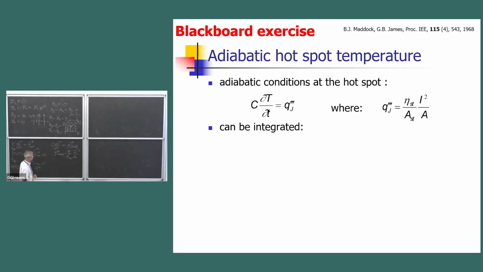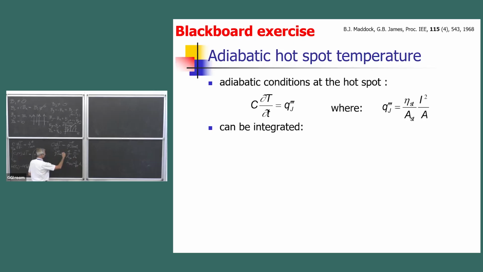We equate the two. Now the only trick we do is that the stabilizer area I say is equal to the fraction of the stabilizer times the cross section. Okay, so just to have the cross section out.